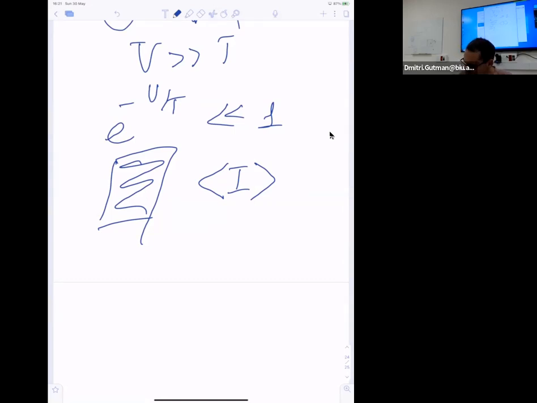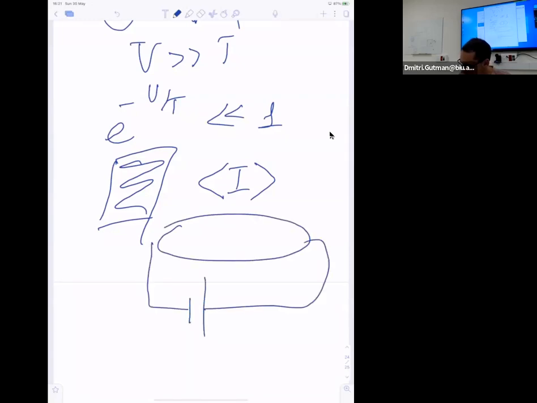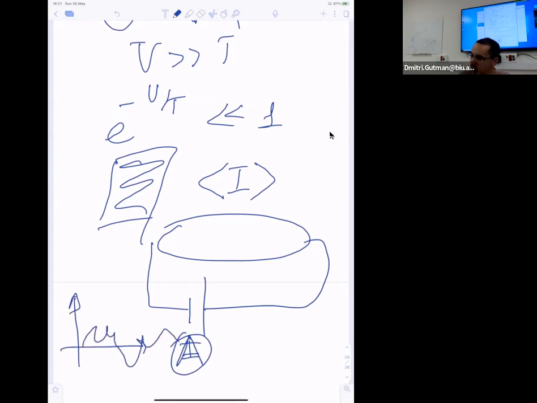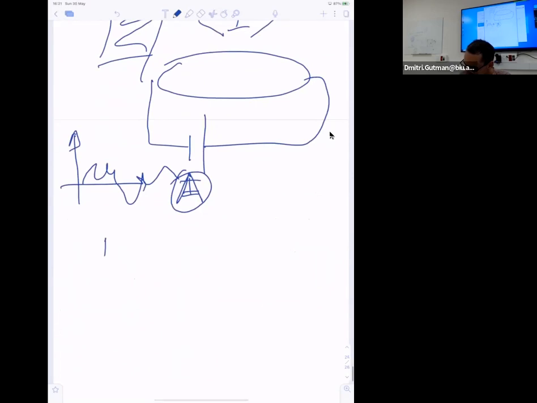Then if you look at the fluctuation of this current in time, you measure current with an ammeter and see how it fluctuates in time. The intensity of these fluctuations, if you Fourier transform them and take frequency to 0, is proportional to the charge of the electron times the mean value of the current that flows through the system.